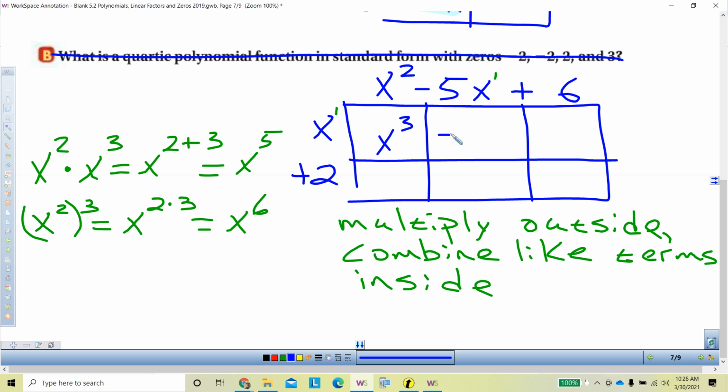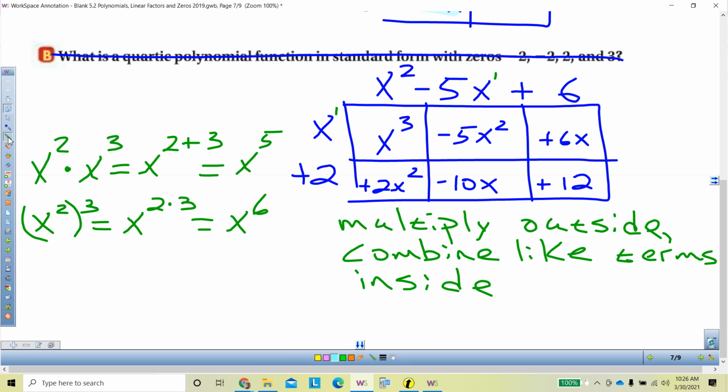Top middle is negative 5x squared. Top right plus 6x. Bottom left plus 2x squared. Bottom middle negative 10x. Bottom right plus 12. I always like putting the signs in the box just because it helps when you combine like terms.